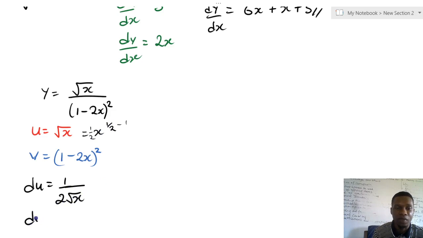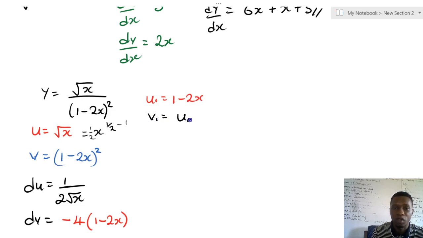So what about our dv? For our dv, applying our chain rule, my answer will give me minus 4 bracket 1 minus 2x. How did I get this? I said let my u1 be equal to 1 minus 2x, and let my v1 be equal to u1 raised to the power of 2.